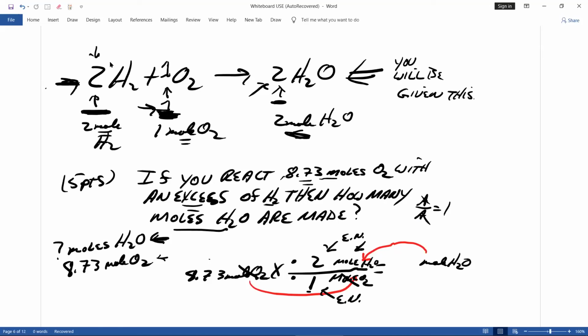8.73 times 2 divided by 1. And my calculator gives me the number 1.746 times 10 to the first power. You might have gotten 17.46, but it's easier for you to round off with this.